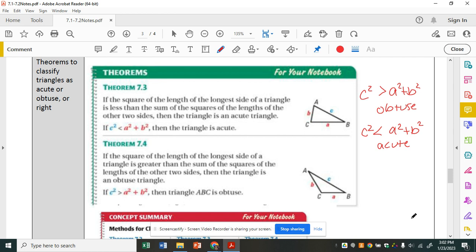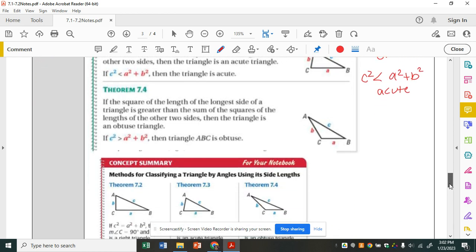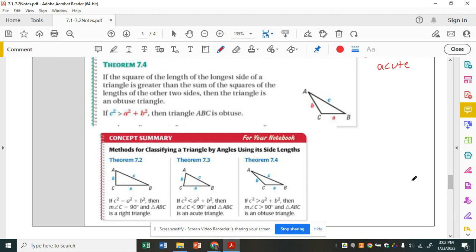So those triangles would not be considered right triangles, but if they're not right triangles, we can go one step further to figure out whether they would be an obtuse triangle or an acute triangle. These are my 3 rules written out here. If a squared plus b squared is equal to c squared, so if your Pythagorean theorem works out, then you have a right triangle.